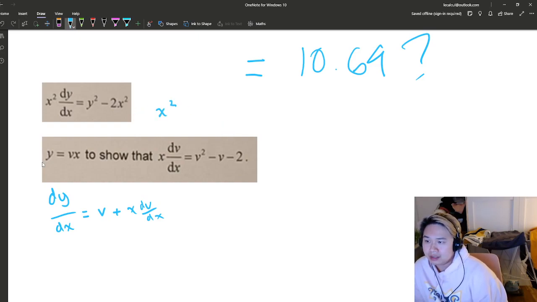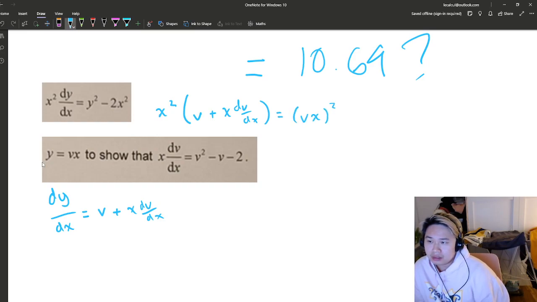Okay, so now I can do some substitutions. So this is going to be x squared times, making a substitution for dy/dx, x dv/dx, and then we've got vx squared minus 2x squared.